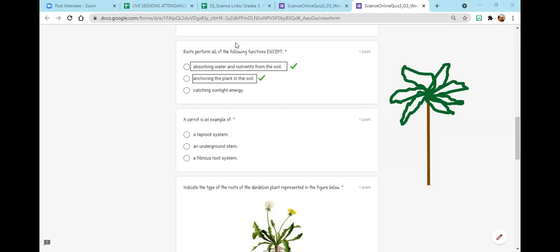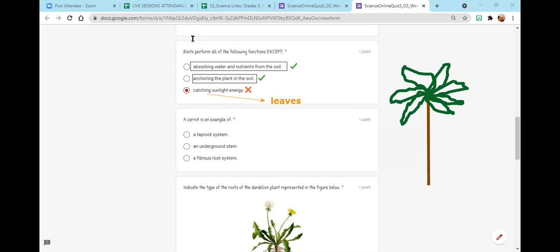Do roots catch sunlight energy? No, they don't. So which one is the correct answer? Catching sunlight energy. Good job. Which part of the plant does this? The leaves. Perfect job. This is the job of the leaves. Excellent.